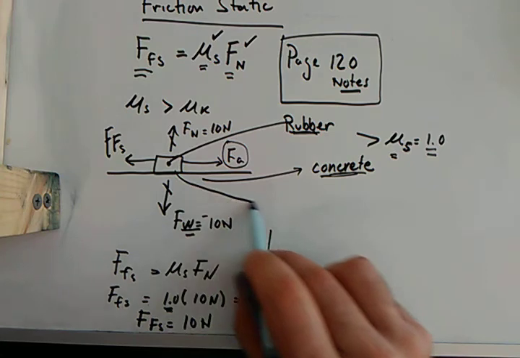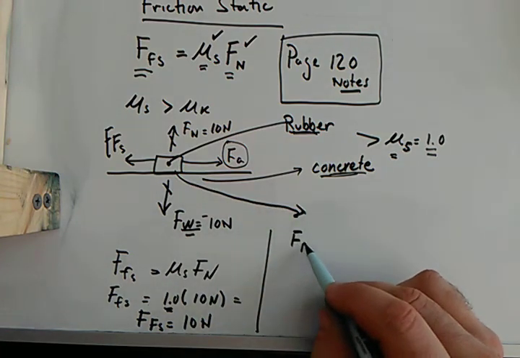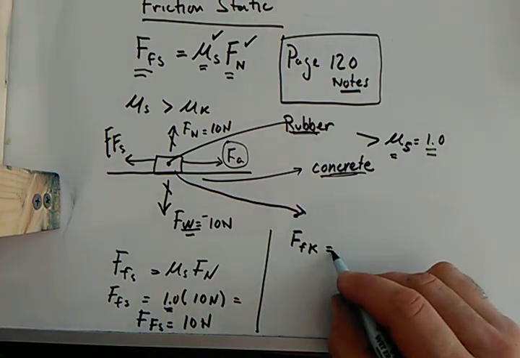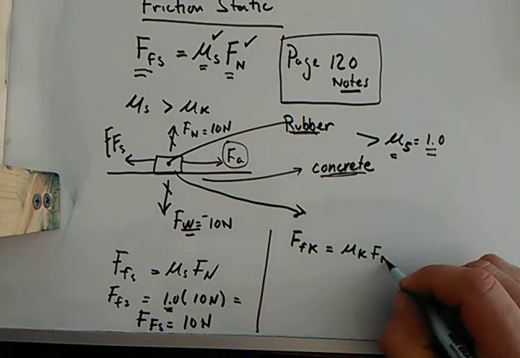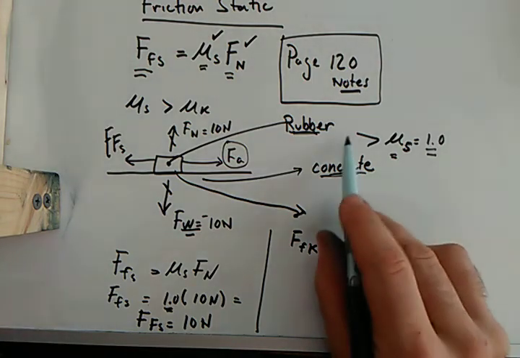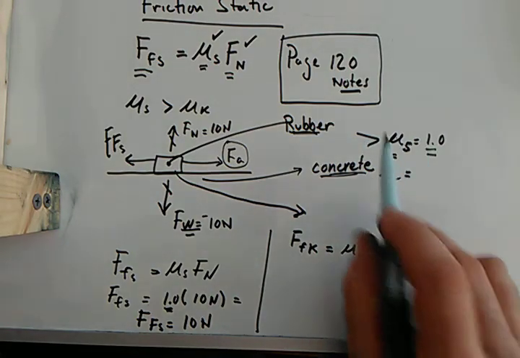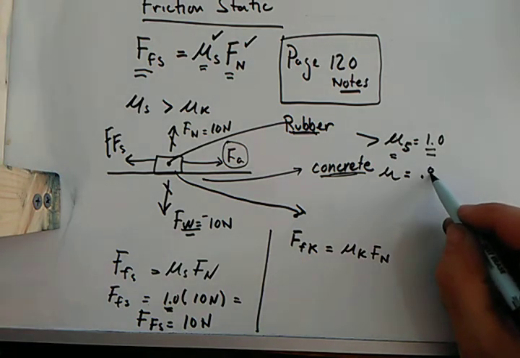Now, let's just say that this thing starts moving. Once this thing starts moving, we're not looking for the static friction anymore, but we're looking for the kinetic friction. In our values, the mu sub s was 1. On this page 120, it also says that the kinetic friction coefficient is 0.8.